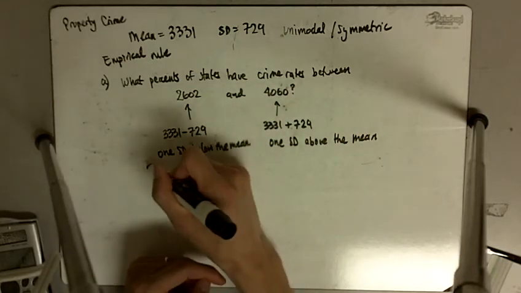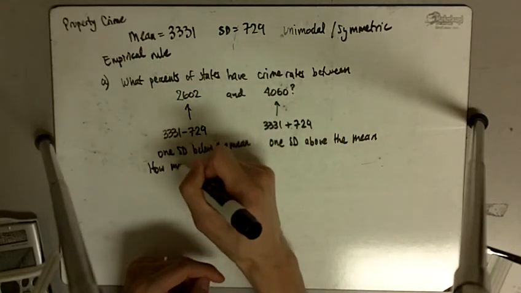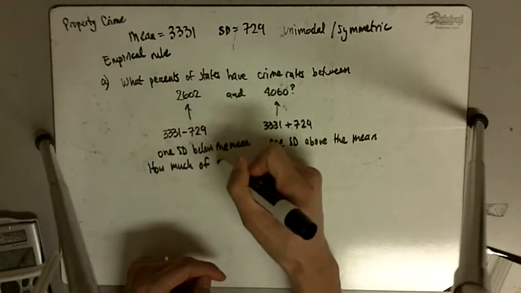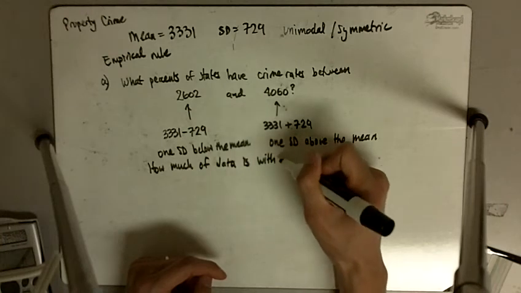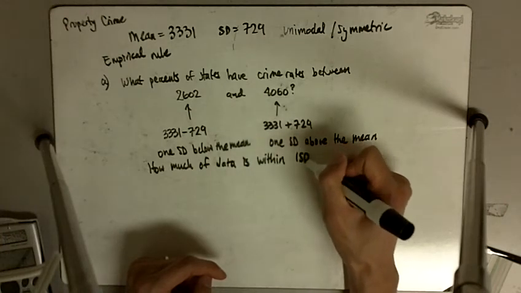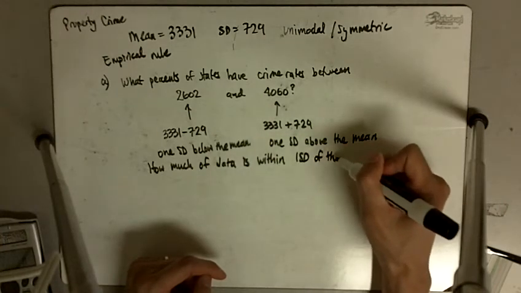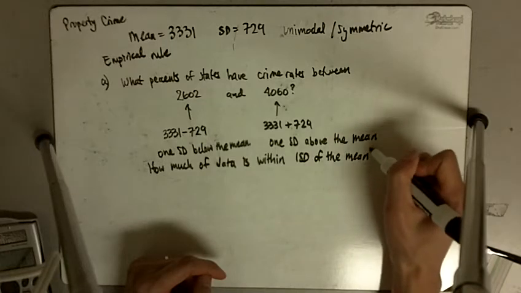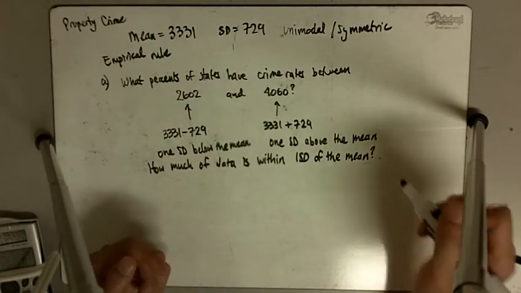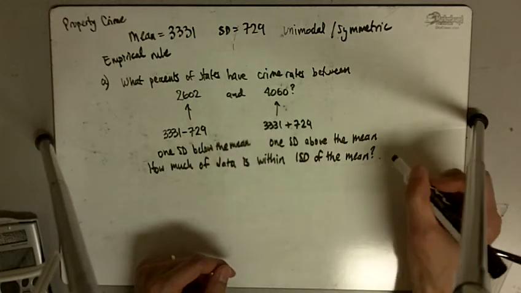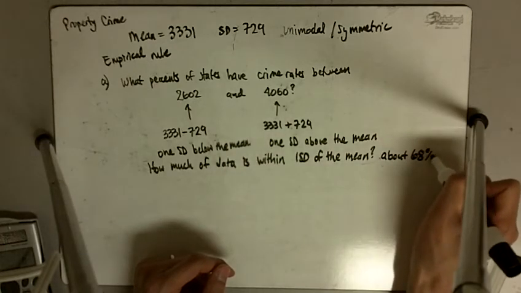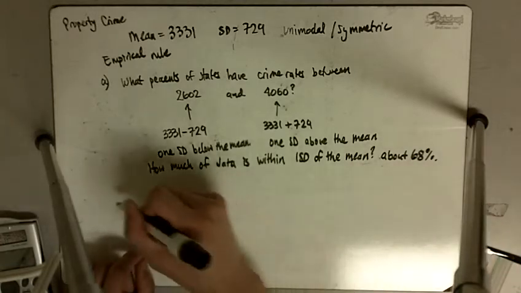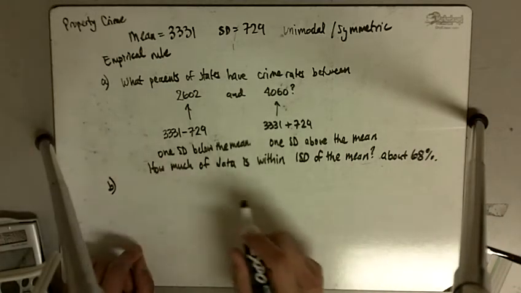Okay, so how much of the data is within 1 standard deviation of the mean? The answer to that, you should know by now from the empirical rule, is about 68%. So about 68% are within 1 standard deviation of the mean.